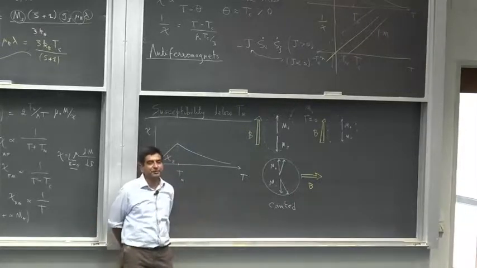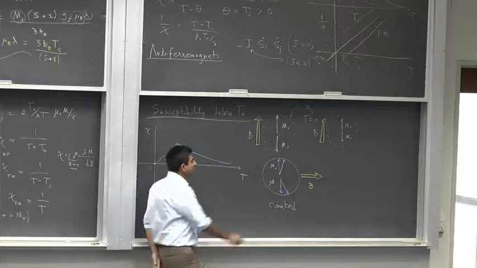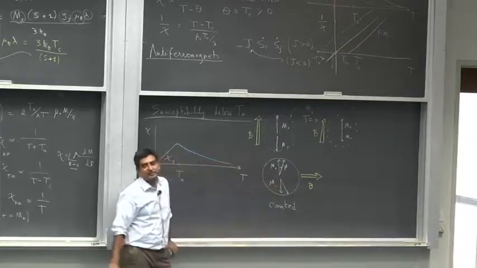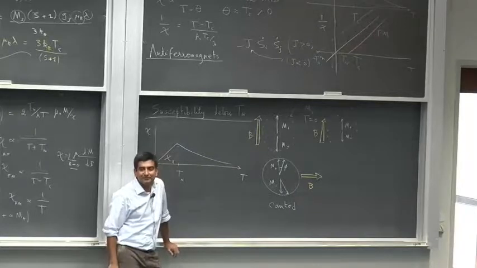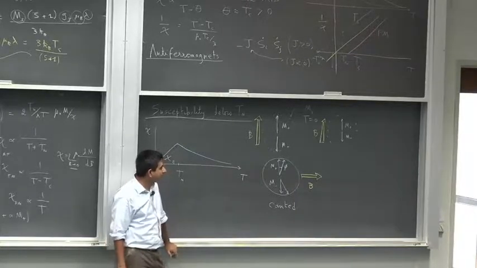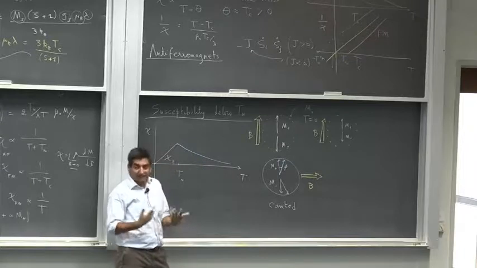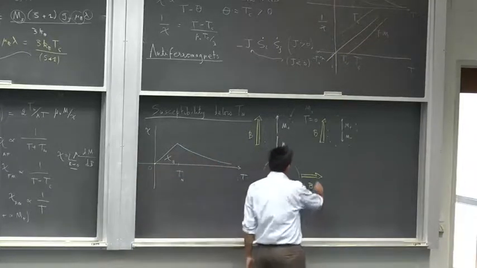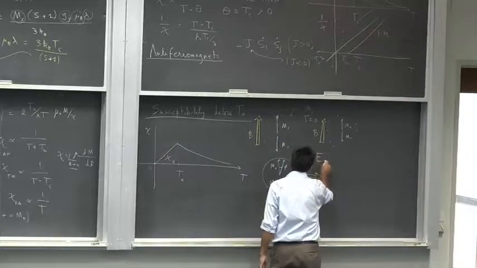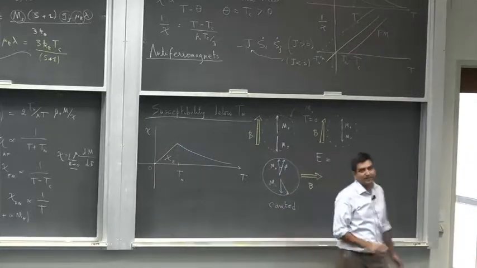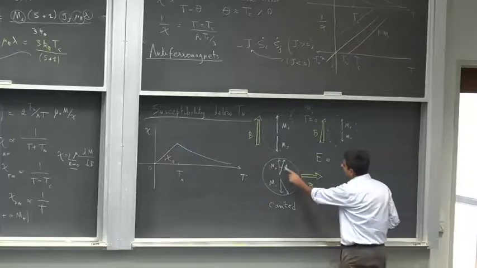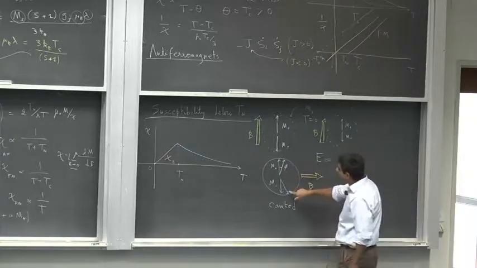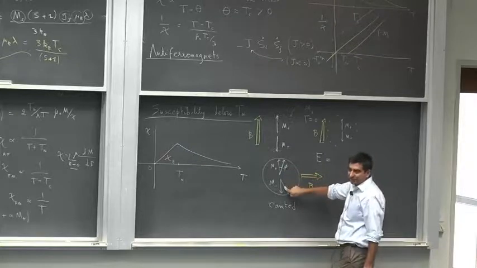Now if you have this configuration, suppose this angle is phi. We would like to find out the susceptibility. Let's find out first the energies of the system. Now we know that the energy of this system is going to be given by this magnetization. There's a molecular field on this magnetization due to this magnetization.